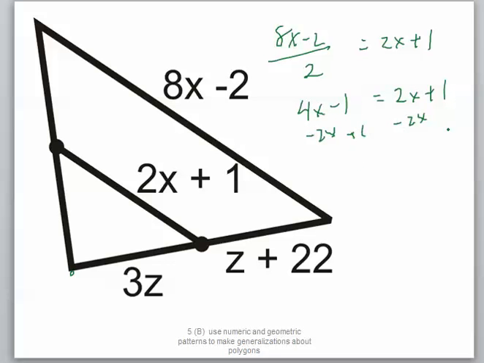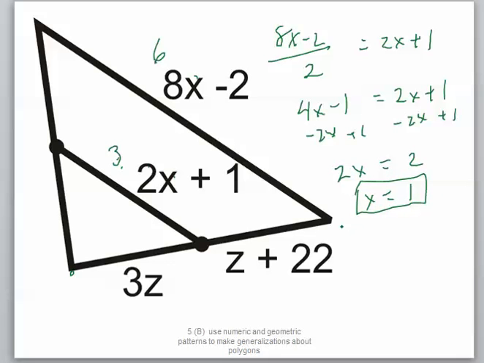Add the 1 to both sides of the equation, and I get 2x equals 2, or x equals 1. So 2 times 1 is 2, plus 1 is 3. 8 times 1 is 8, minus 2 is 6. So I found the base is 6, the mid segment is 3, 1/2 of the base. Yep, that checked out just fine. So I would say x equals 1 would be my answer.